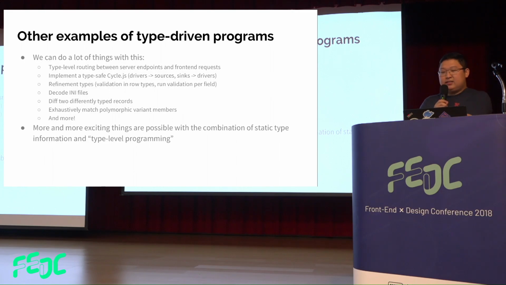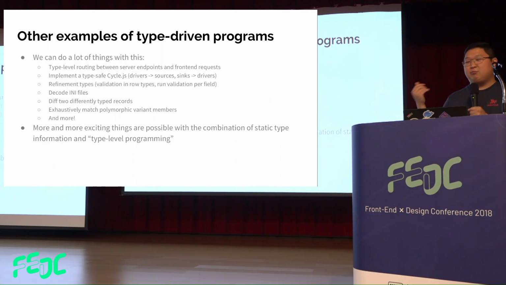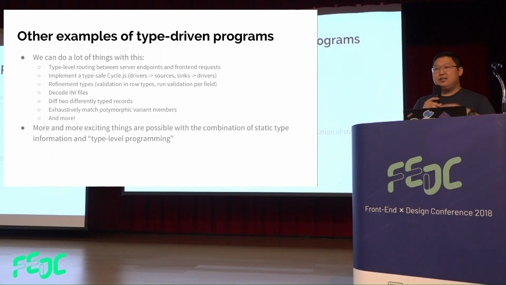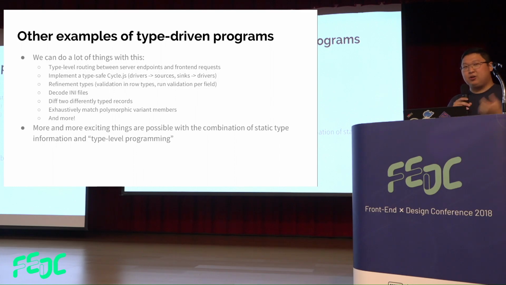So a lot of pretty exciting things can be done with this type level programming and the static type information that you actually wrote by hand. With that, you don't have to write any boilerplate anymore, because you have all the information there, such that you can write a generic implementation, check once that the implementation is correct, and then for all of your types, your implementation is derived from the correct code.